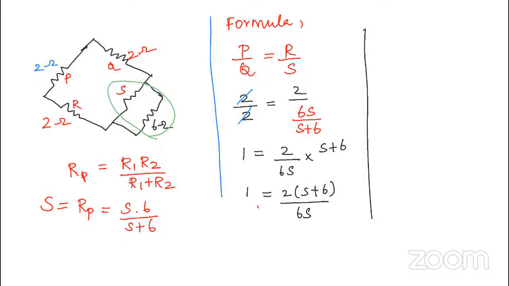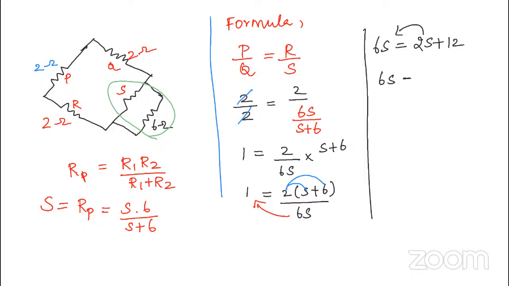So when we solve, this 6S we take to the left side. On the left side it is 6S is equal to, and you have to multiply inside, so it is 2S plus 12. Right? Then 6S and this 2S, next step, what do you do? We convert it to the left side.